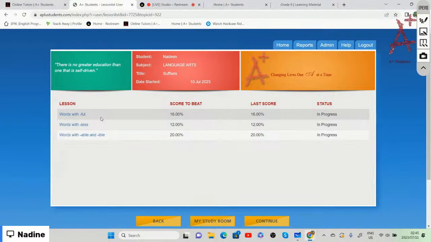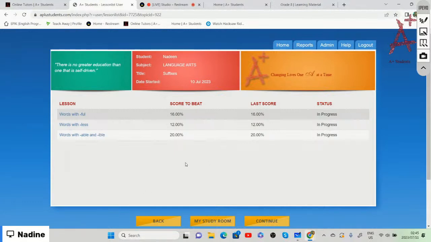So once we add either the ful, the less, or the able or ible, those are suffixes, letters that we add at the end of the root word.